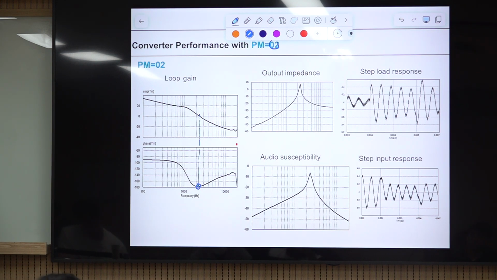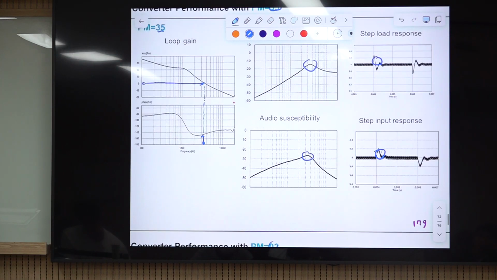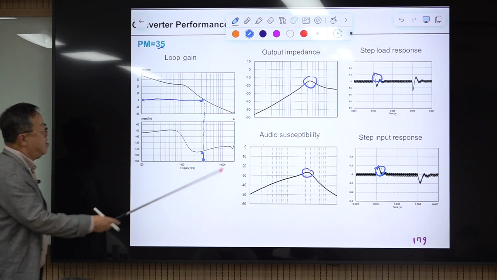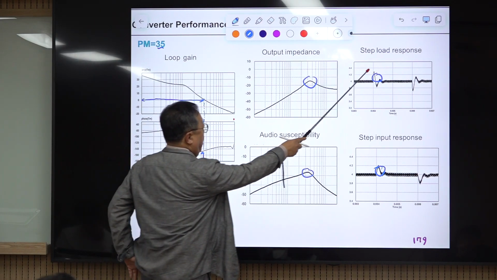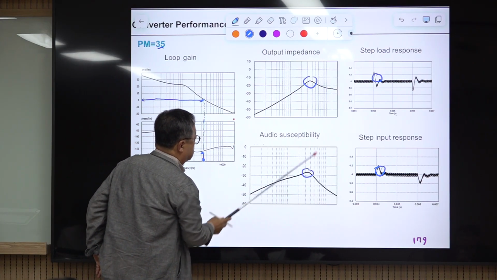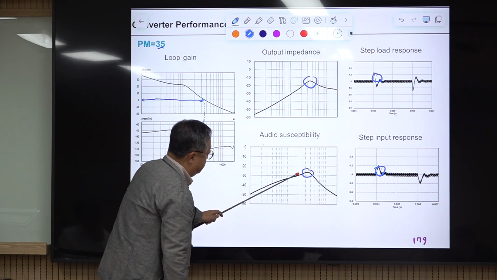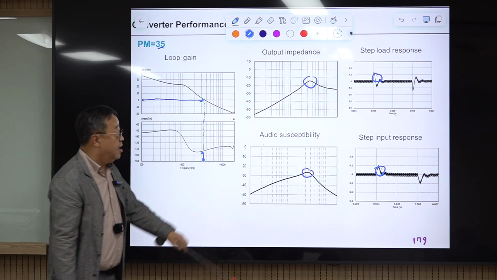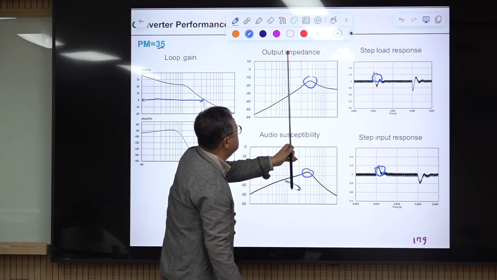I think we discussed this more than enough. Okay, the previous story all applies here, right? Because of this decaying wave, this oscillation frequency, and this first dominant pole, all of that, and this single pole here.